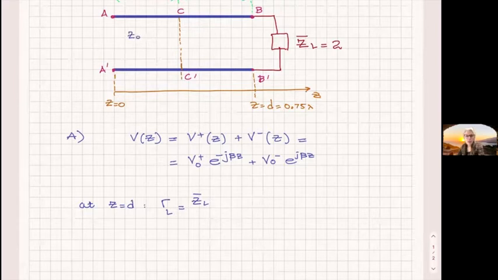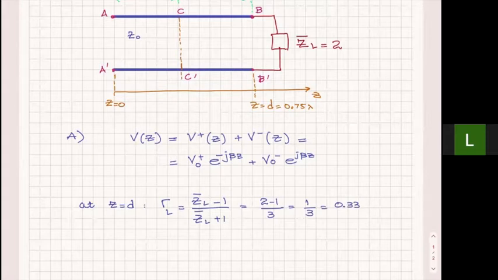If I want to do these types of calculations, you will find out that you will need it at some point later, but for now and for the Smith chart, you will not need Z naught because everything is normalized. So I write it in this form, and that's 2 minus 1 over 3, which is 1/3, say 0.33 approximately.